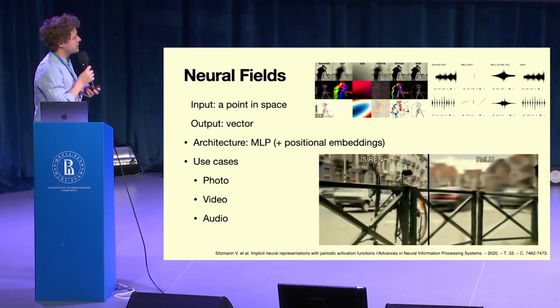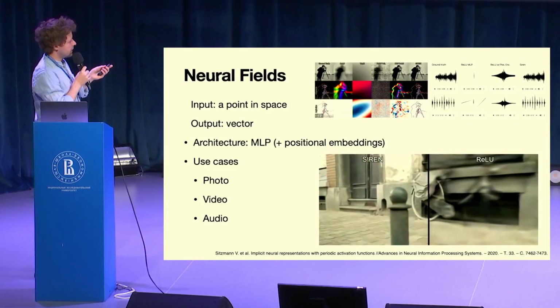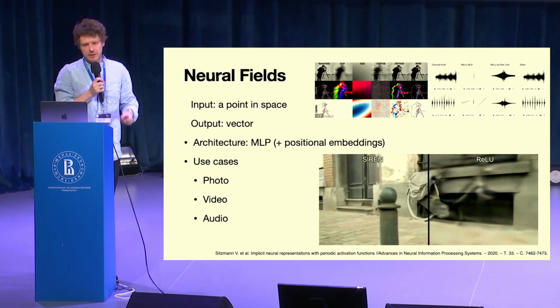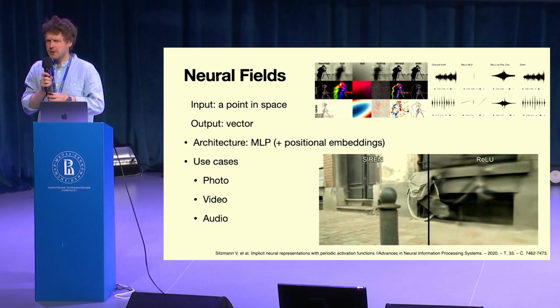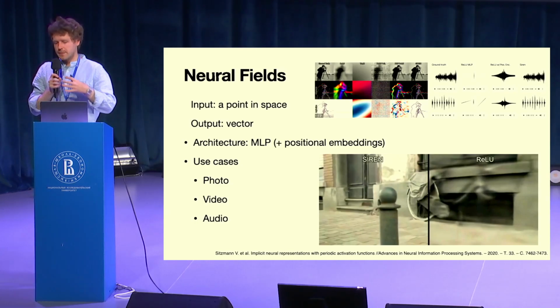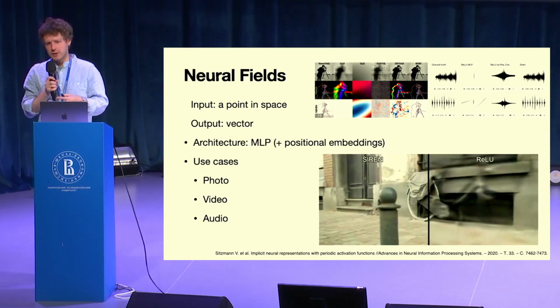So as I've already said, the video on the left is much sharper, and the video on the right is blurry. And as far as I understand, this is not a shortcoming of the architecture itself. It is possible to model video even with an architecture with ReLU activations.